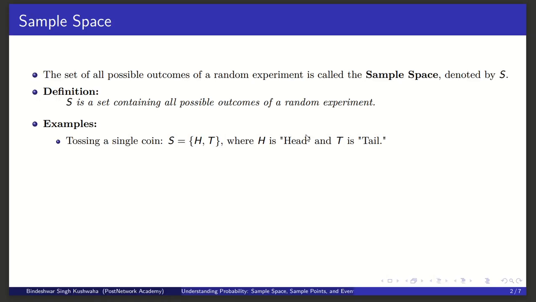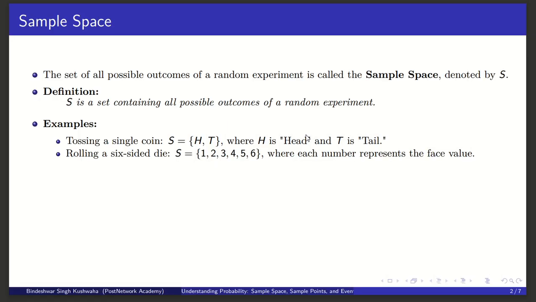Suppose you are tossing a single coin. There are two possibilities, head and tail. If you put it in set style, that would be the sample space. Now if you are rolling a die, there are six faces: 1, 2, 3, 4, 5, 6.